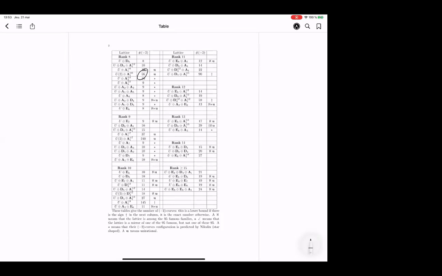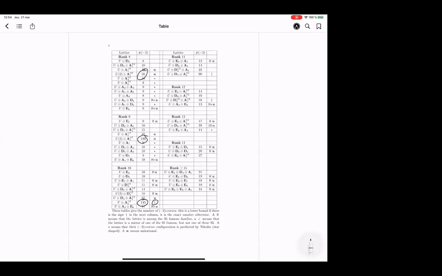Here you see the 240 -2 curves, that example we spoke about. In rank 10, 240 is the biggest number of -2 curves that I know. Here 145 is only a lower bound. I don't expect that there are more -2 curves, but I only have a proof of a lower bound.